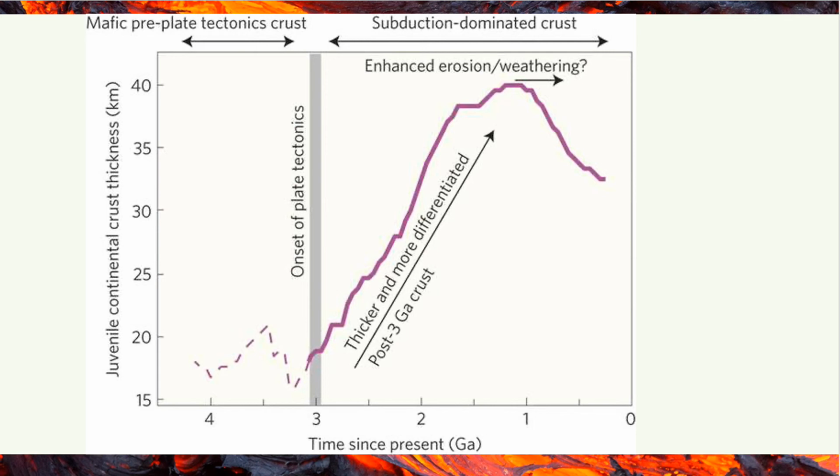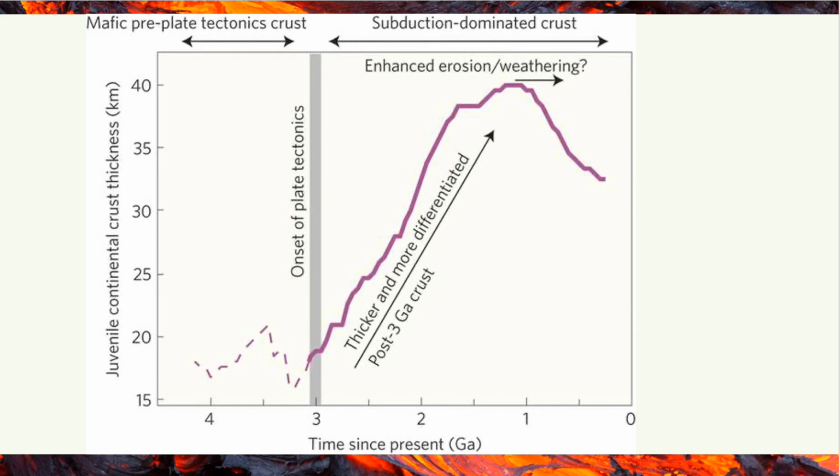And the critical difference between oceanic crust and continental crust is that continental crust has this silica-rich andesitic granitic chemistry that means it's nowhere near dense enough to sink back into the mantle.